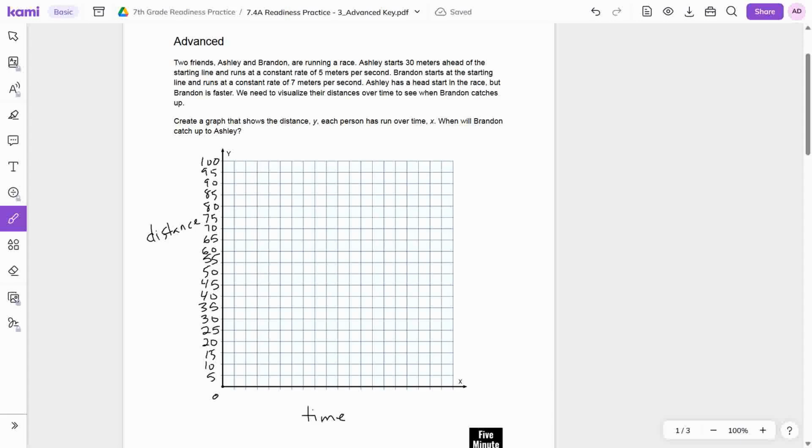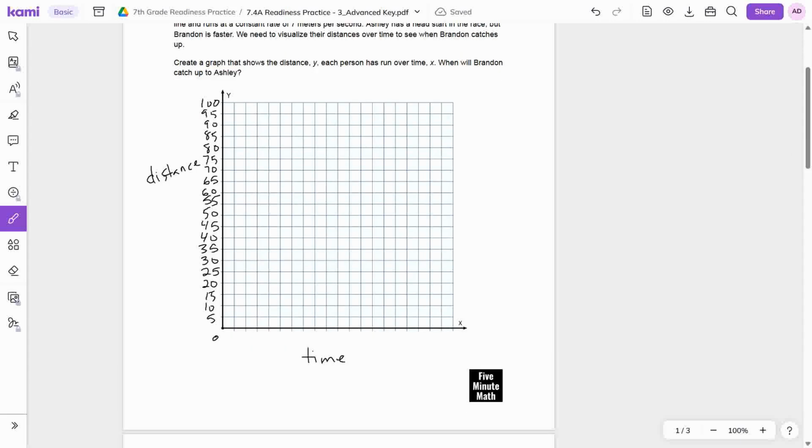And so I'm thinking for our time, it might be easier for us just to use a scale factor of 1, because we're going to be doing 1 second at a time. And if we try to do 2 seconds at a time or 3 seconds at a time, it's going to make our graphs a little bit difficult to manage. So you can use different scale factors if it requires it. So let's get up here to 20.